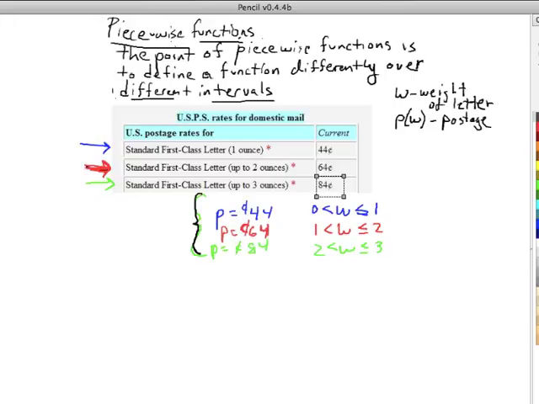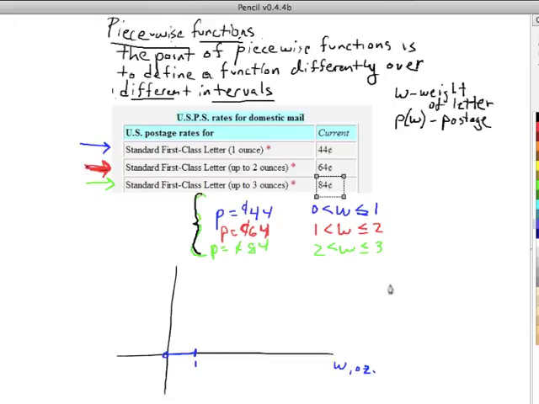Now let's draw the intervals. Let's draw the axes first. Here's the weight in ounces and the postage. From 0 to 1, where are we? We're at 44 cents. I should probably make this a faded blue line.